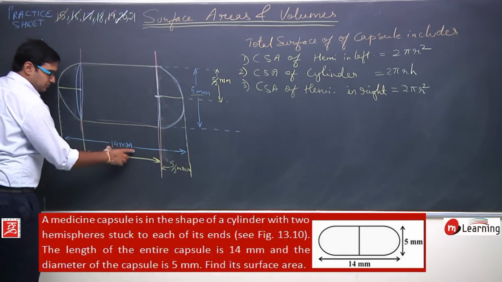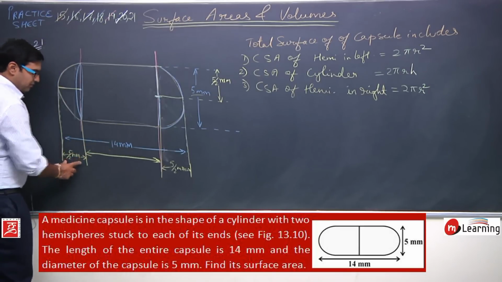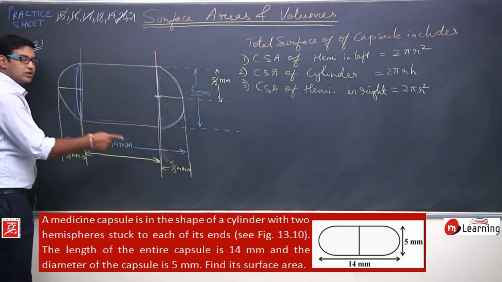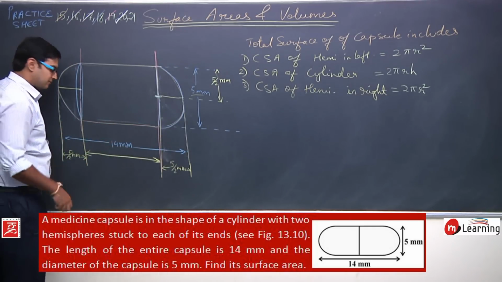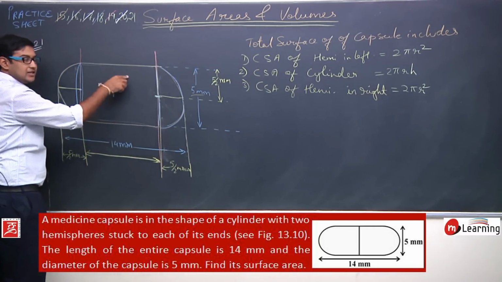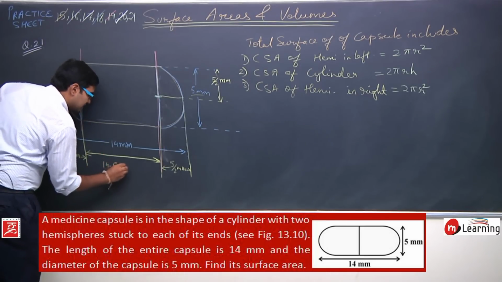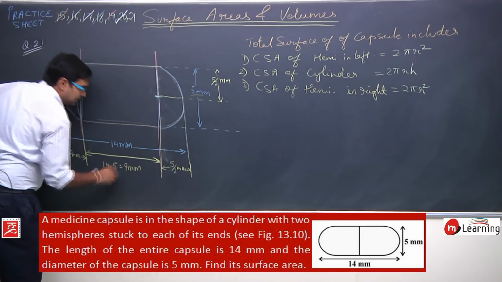See, this is 14. Okay, and this is 5 by 2, this is 5 by 2. So in all, from 14 I can subtract total 5 by 2 plus 5 by 2, that is 5. So the length of this cylinder in between is 14 minus 5, that is 9 millimeters.